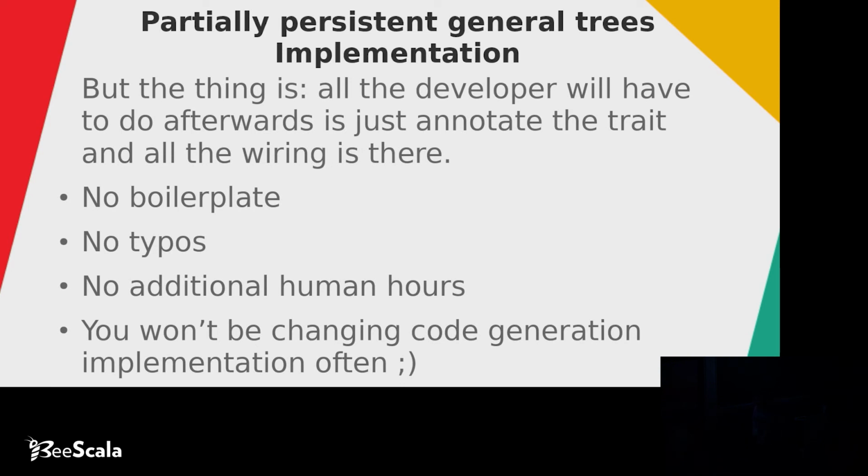We don't need to spend additional human hours when we need new entities for the trees, because all you need to do is describe your domain-specific object and annotate it, and you will get all the wirings, all the things out of the box. And you really won't be changing the code generation implementation often. It's happening so rarely.